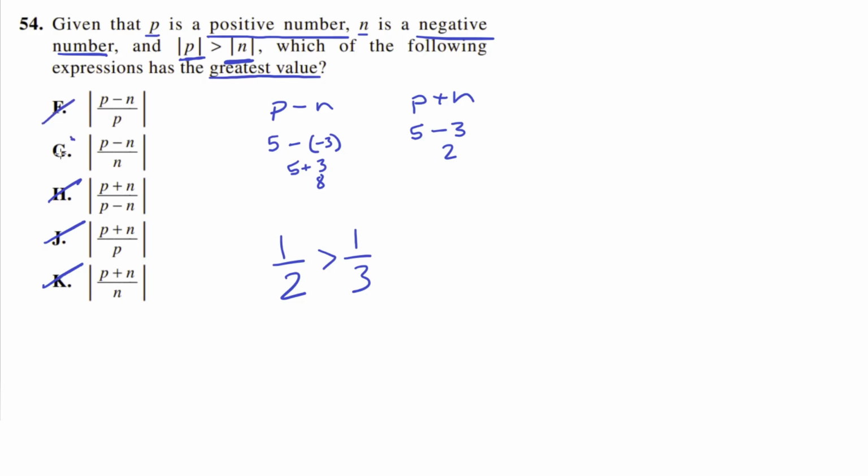So we can rule out f, because g is going to give us a larger number, because it has p minus n in the numerator, which is subtracting a negative number, so we'll basically be adding. But in the denominator, we have a smaller number, n, which will make our fraction larger than f. So g is the correct answer.